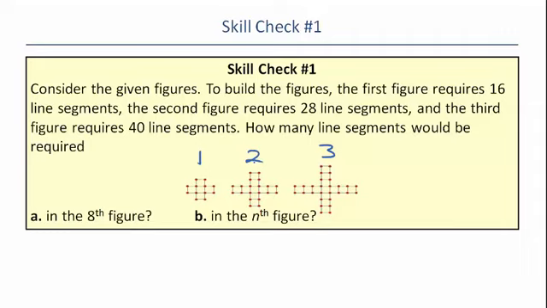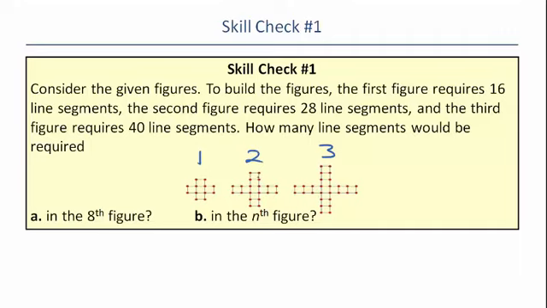And if they asked you how many boxes they have, well, doesn't this one have 4 plus 1, right? Doesn't this one have 8 plus 1? This one has 12 plus 1. Well, the pattern is the figure number, 1, 2, 3, times the 4 things, and add 1.